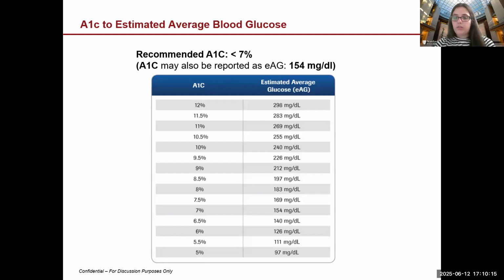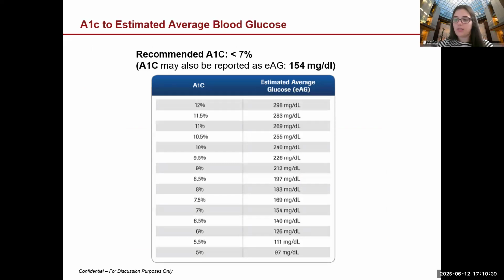So I also included this chart here that helps us translate the A1C into average daily blood sugar, or estimated average blood glucose. For example, an A1C of 7% roughly equals an average glucose of 154 over the past 3 months.